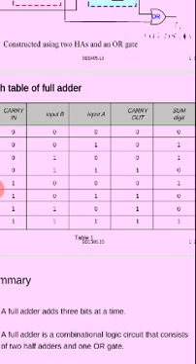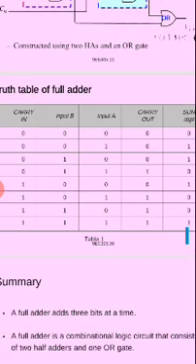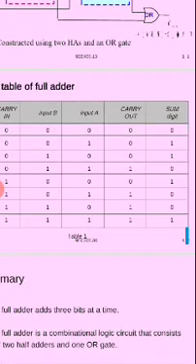For the 1 0 1 combination, carry output is 1, sum output is 0. For the 1 1 0 combination, carry output is 1 and the sum output is 0.